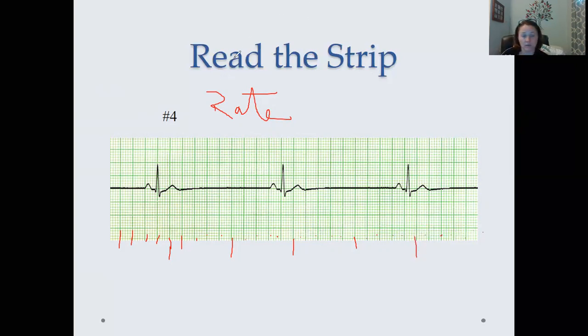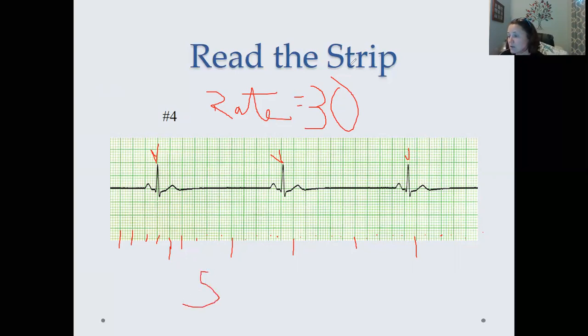We've got a 6-second strip. So on our 6-second strip, let's count our QRSs. 1, 2, 3. Our rate is 30. Is that normal? No. We had all our other pieces, so it was sinus bradycardia.